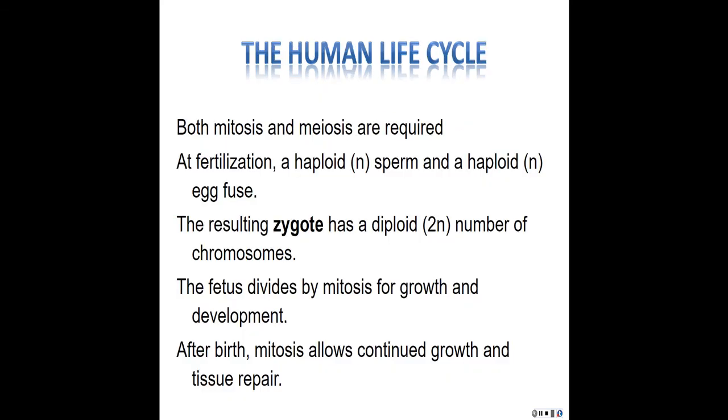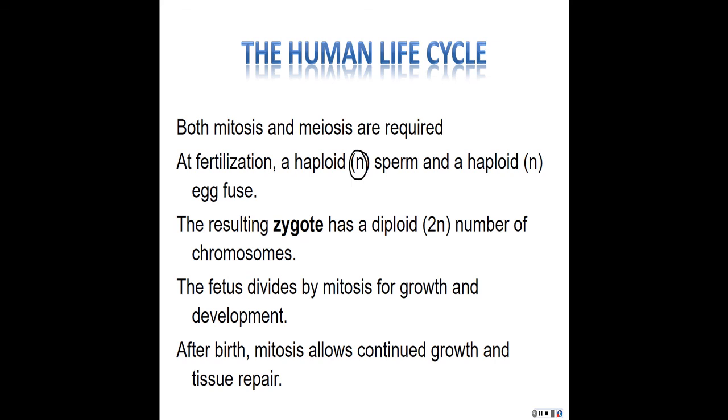Now that we understand meiosis, let's talk about the human life cycle. As we've talked about already, both mitosis and meiosis are required. At fertilization, a haploid sperm and a haploid egg fuse. Remember this N here just means they have one set each of the complement of chromosomes. When the egg and the sperm fuse together, they form the zygote.